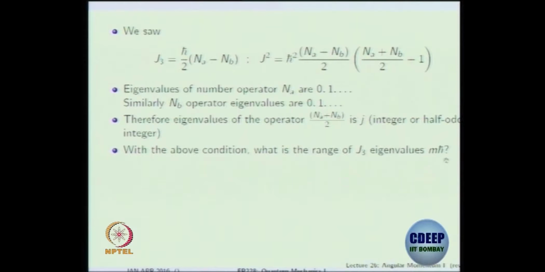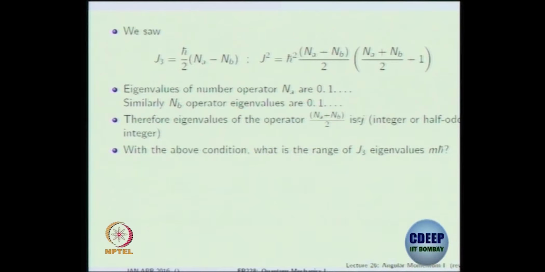So, the m explicitly is the difference between the two number operators and similarly the j in the j squared eigenvalue is half the sum of the number operators. This is the identification.